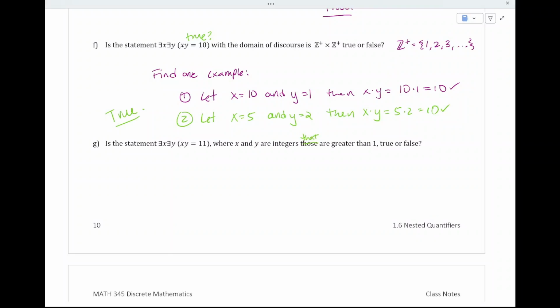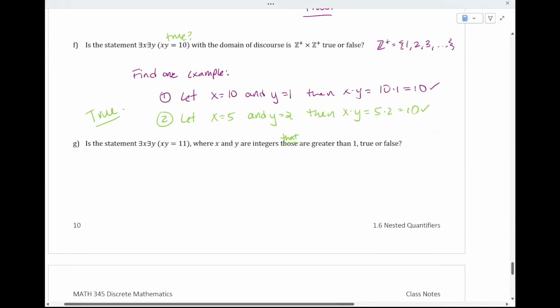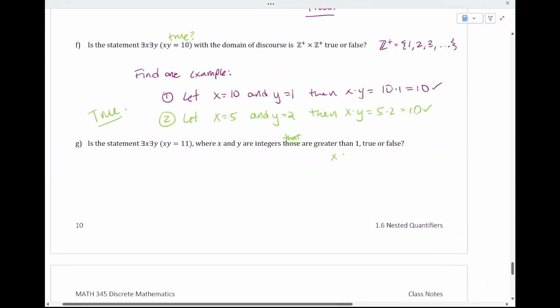Let's think about this. So my domain of discourse here, x has to be greater than 1 and y has to be greater than 1, and x and y are in the set of integers. So let's see. 11 is a prime number, which means its only factors are 1 and 11.